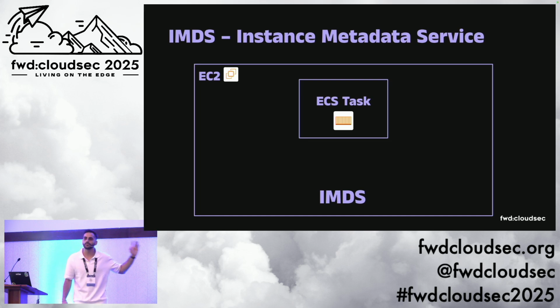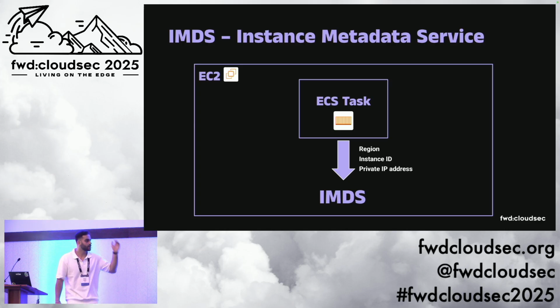I can use something called IMDS, which stands for Instance Metadata Service. It's a unique HTTP endpoint that's available in every EC2 instance. It returns data about the instance itself, like the region, instance ID, and private IP address. And most importantly, it returns the instance role credentials.